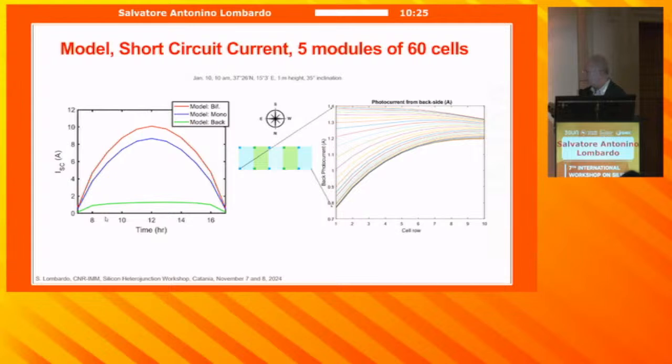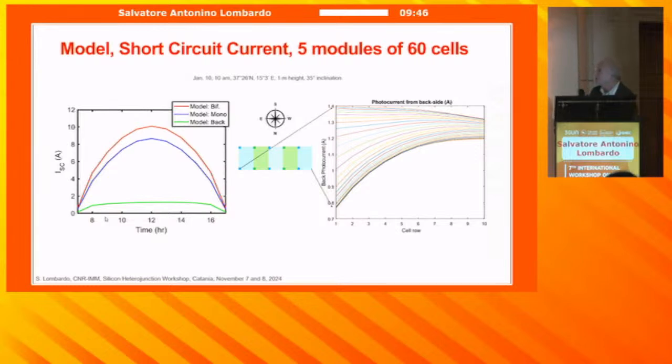Here you see that during the day the photocurrent, the short-circuit current of the string, is far larger compared to the monofacial cell, and this difference is essentially due to the photocurrent collected from the backside of the cell. An important point to notice is that there is a large spread in the current collected by each cell.